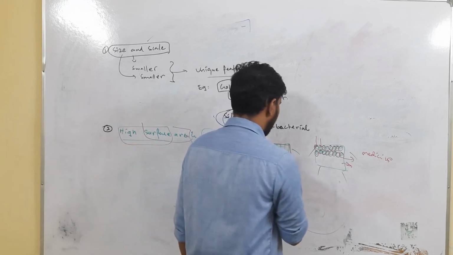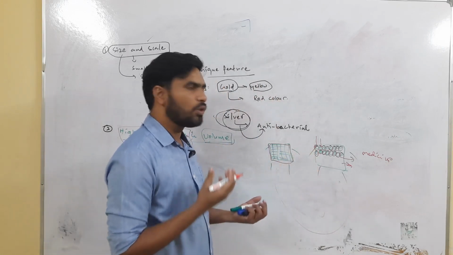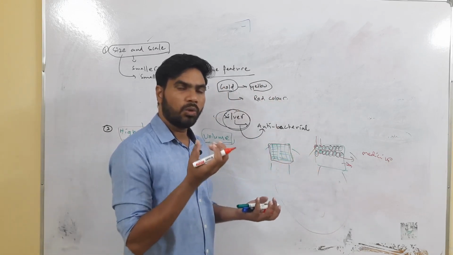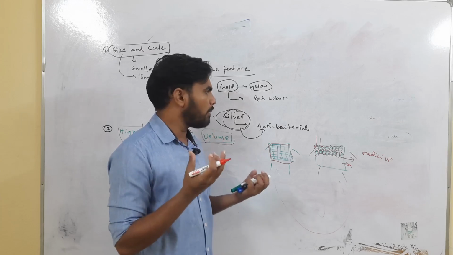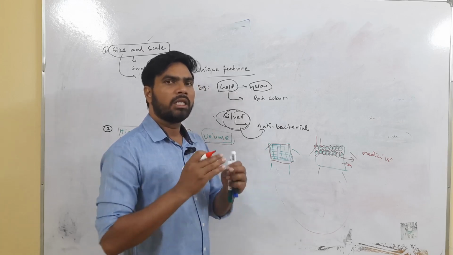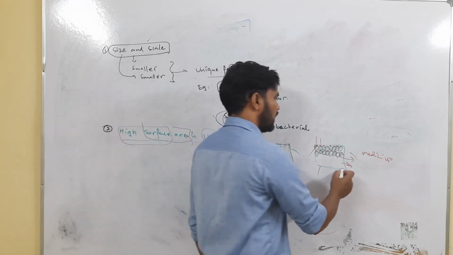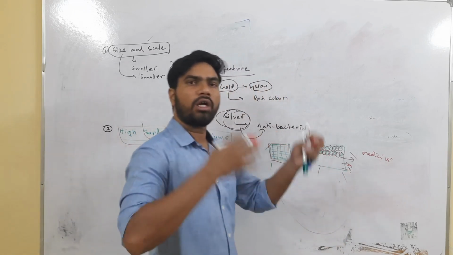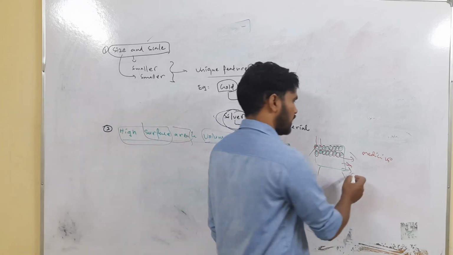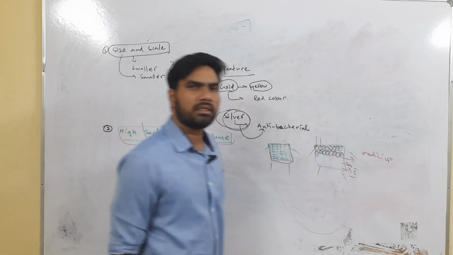But their surface area is limited. Instead, you use solar cells made with nanoparticles. They have very large surface area, and with that they can absorb a lot of solar radiation and convert that into electricity.